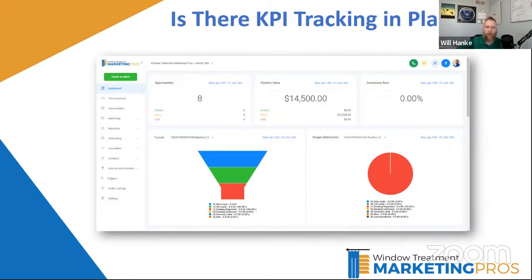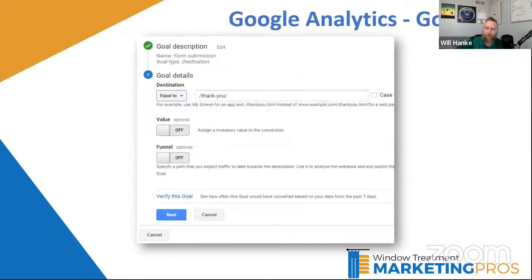So if people are coming in and there are opportunities, do you have something like this is our program called Lead Boomerang, but having something in place that counts the opportunities that have come in, how much potential value that is, and then over time it will actually start to show you your conversion rate, things like that, where people are in the funnel. Having those KPI measurements in place can really help you understand and forecast how things are going to be in the coming months as well.